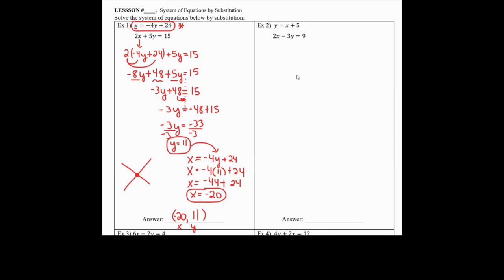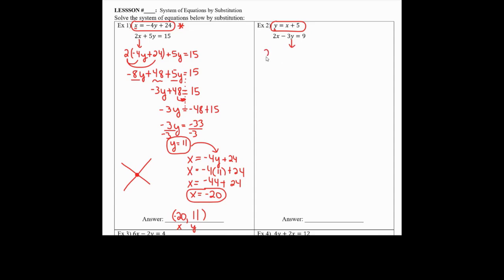Let's do the next example. Remember, I need to have an equation with the letter alone. Does not matter if it's x or y. When I look at these two equations, I see that the first equation, the y is alone. So I'm going to put a circle around it, and then I look here that the y is the one that is alone. So that means I'm going to put an arrow under the y.